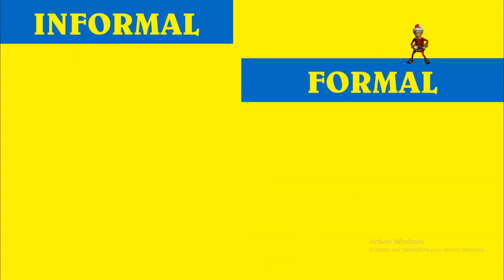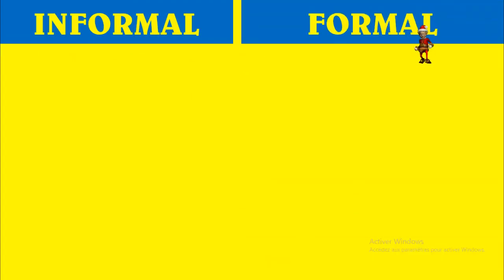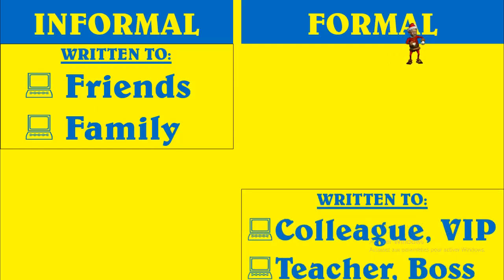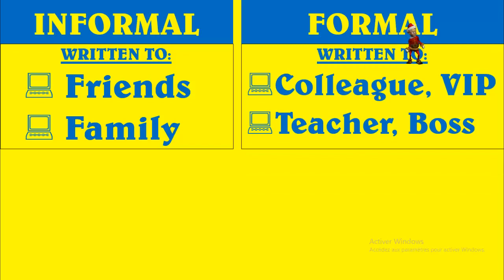First of all, before we start the letter, let us make it clear. Informal letter is different from formal letter. Informal letter is the letter written to your friends, your family members, your acquaintance, people whom you are familiar with.